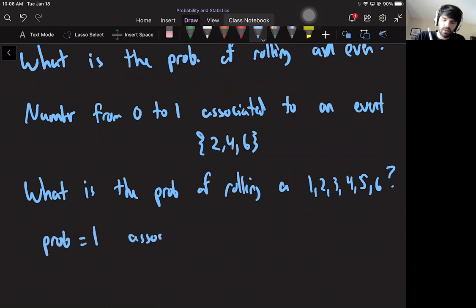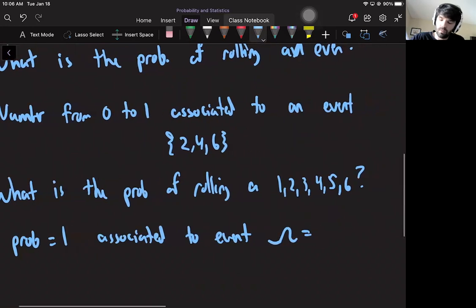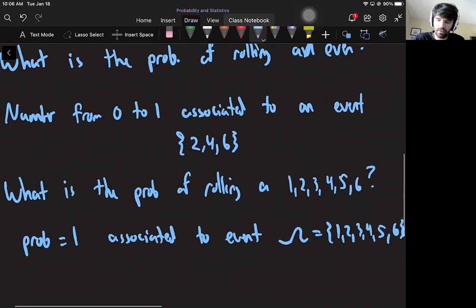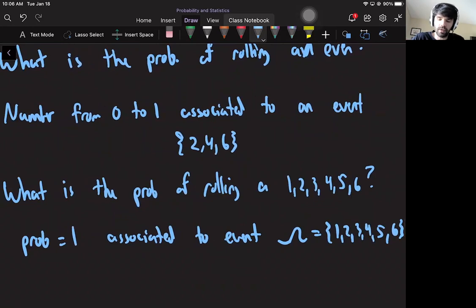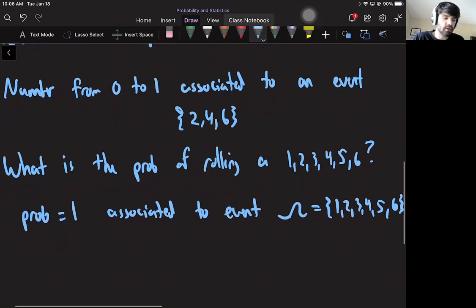And it's associated to what event? The event is really just the whole sample space with all the outcomes in it. And that's just saying that the probability of some outcome happening has to be 1, because those are all the outcomes. The probability of this event occurring has to be 1.